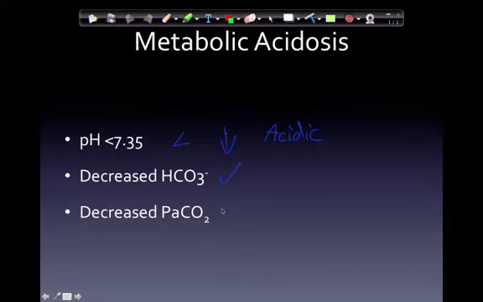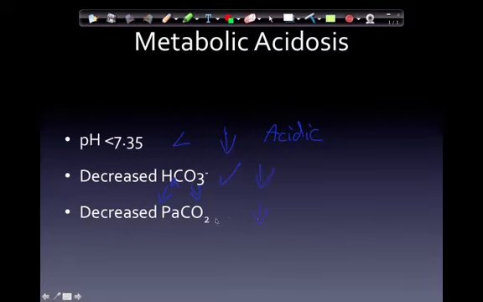The reason being is they don't have enough bicarbonate to pick up the extra hydrogen ion and make H2O and CO2 to eliminate the acids. So at the point that they have a decreased bicarbonate, they don't have enough base to go around. So decreased bicarbonate and a decreased PaCO2.